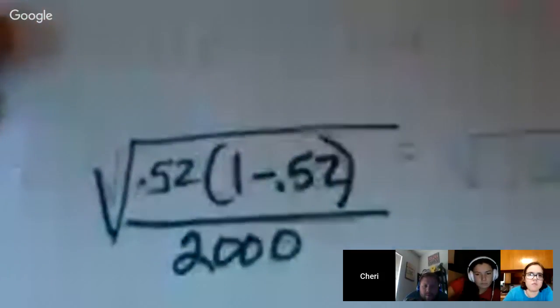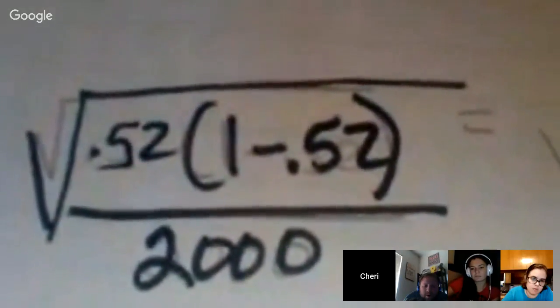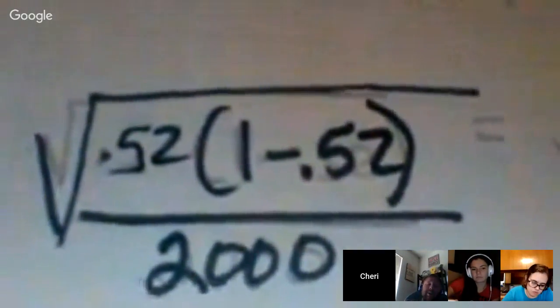0.52 times, because, let me see. Yeah, because p is 0.52, standard deviation. It's right here. I got 0.011. Same.